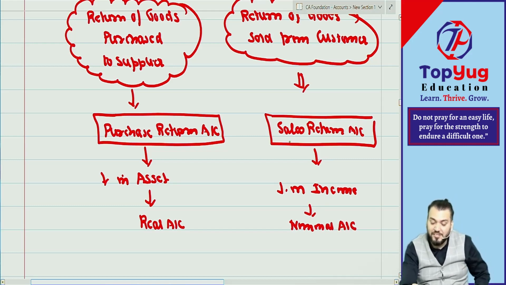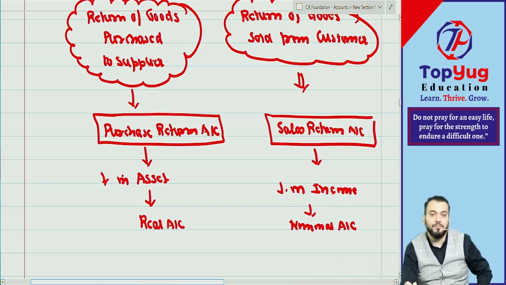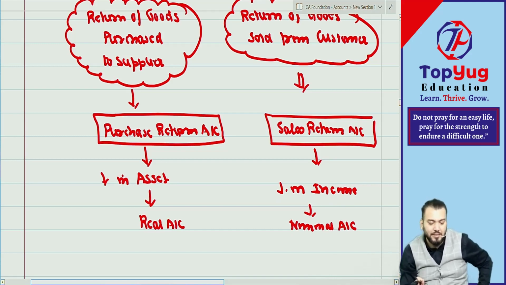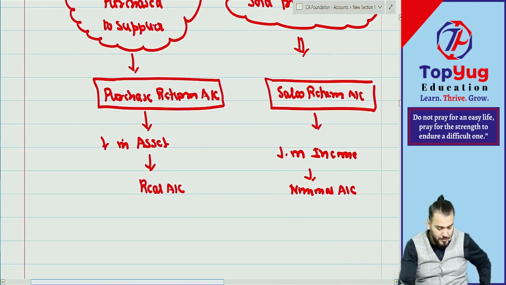Just try to understand sales return. I have said this is a decrease in income. It is not expense. I have not said expense. So sales return is a decrease in income. Have you understood this point? Correct. Any doubt?